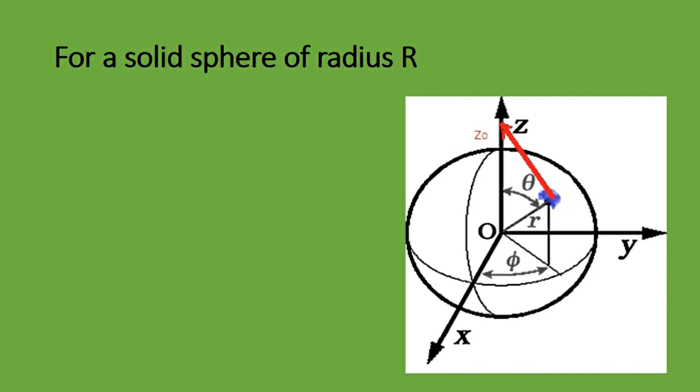Now we cannot use directly the gravitational law to calculate the potential at point z0, because again, the gravitational law is valid for point masses. So what should we do then? We take the sphere and cut it into very small, infinitesimal pieces.